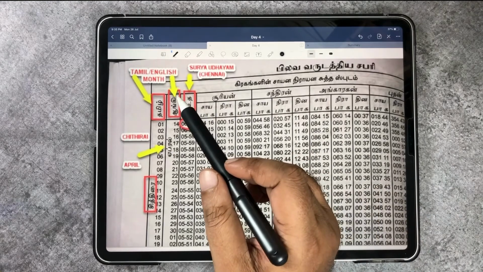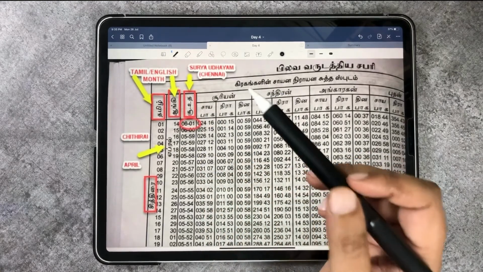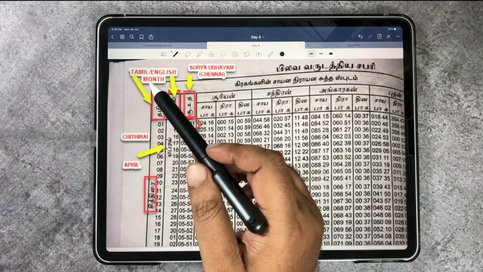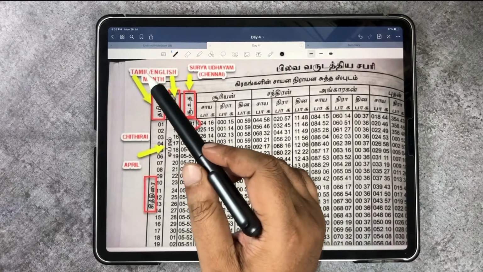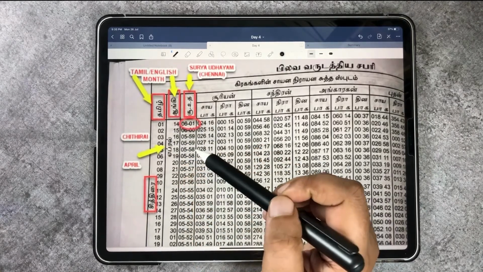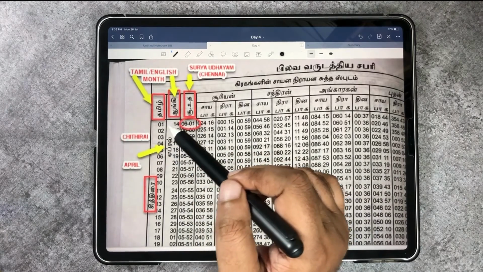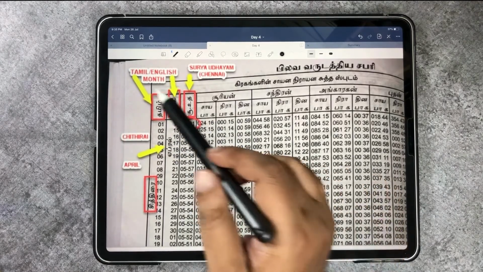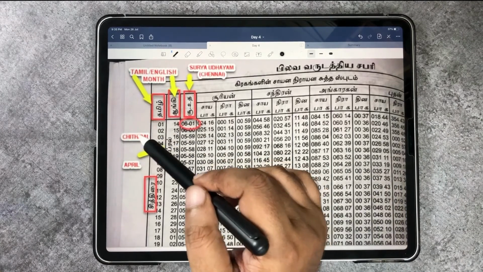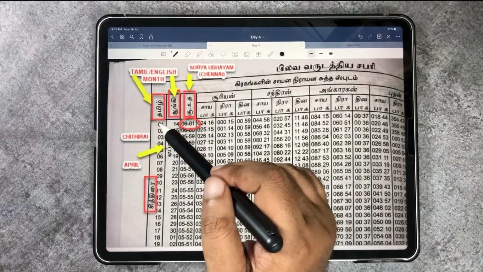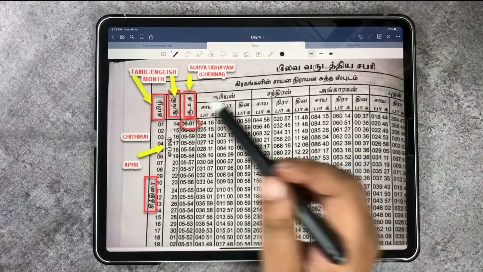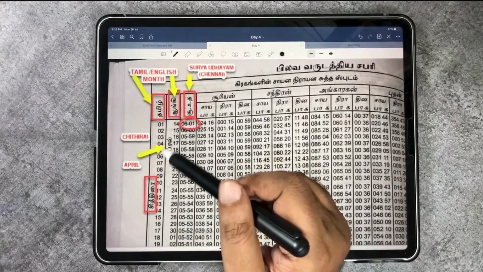So in this page, you can also refer to your respective regional calendar. Here, the first column is the Tamil month. The second column is the English month, or the equivalent English month. So here it is the Tamil month of Chittirai. The date is 1st. The English month is April.